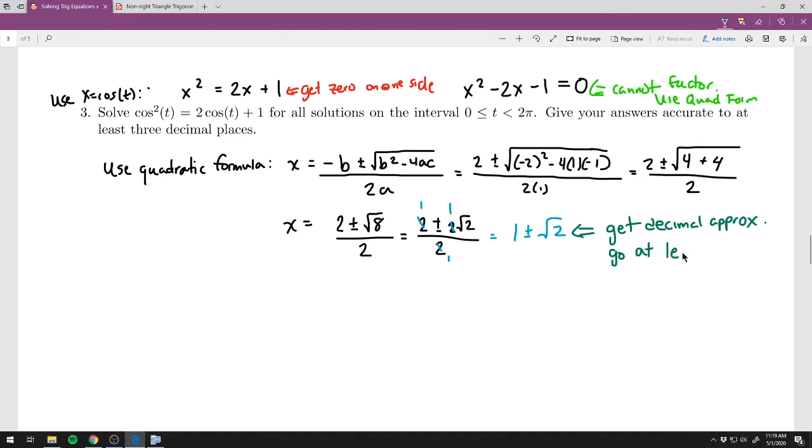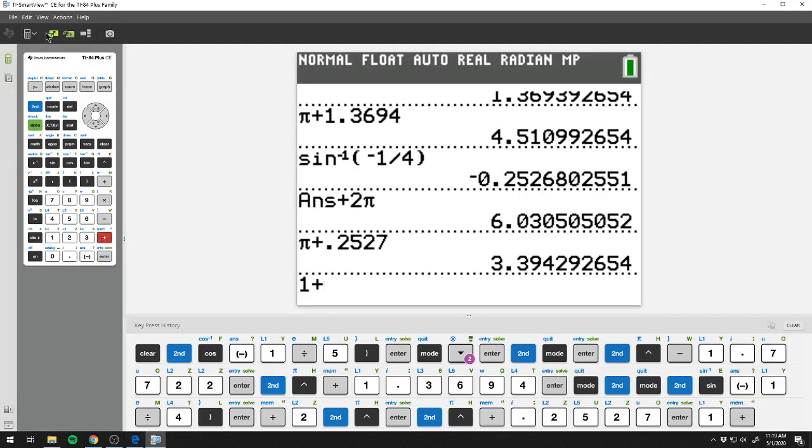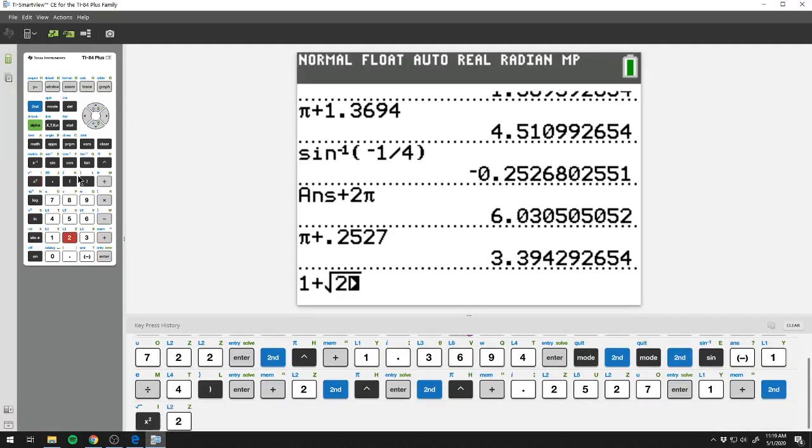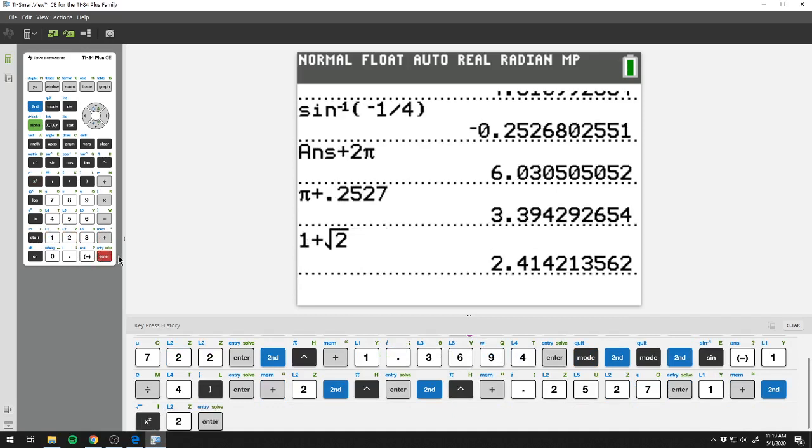So we've got 1 plus the square root of 2, and 1 minus the square root of 2. Let's see what we get in the calculator. 1 plus the square root of 2 is 2.414214.